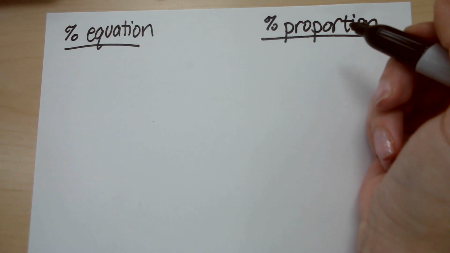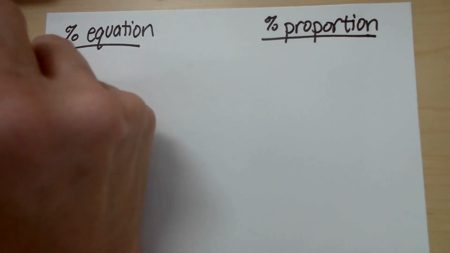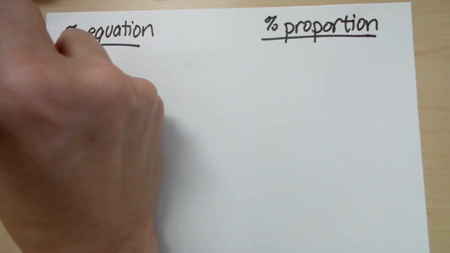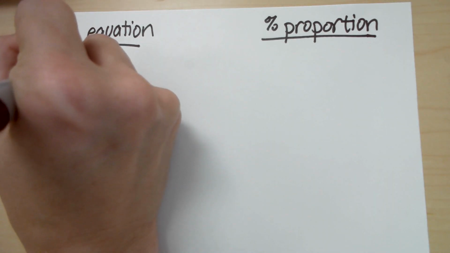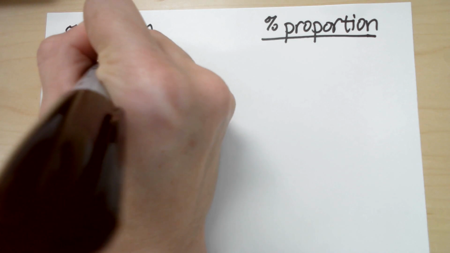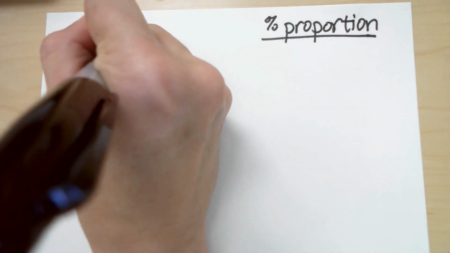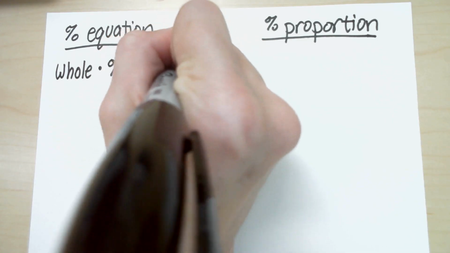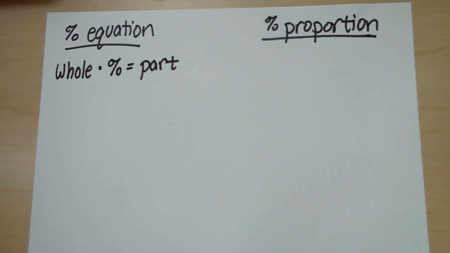For the equation, we would do our whole times our percent equals the part. But sometimes we're given different pieces of information.